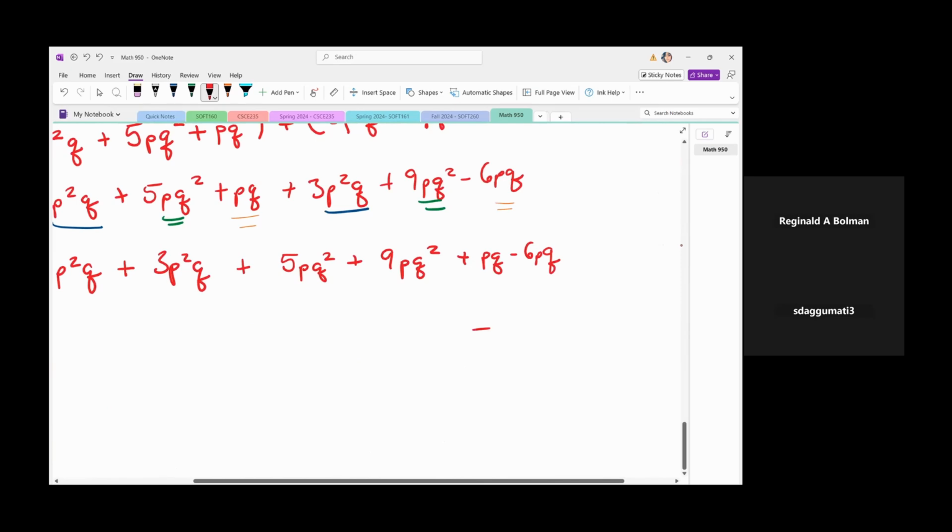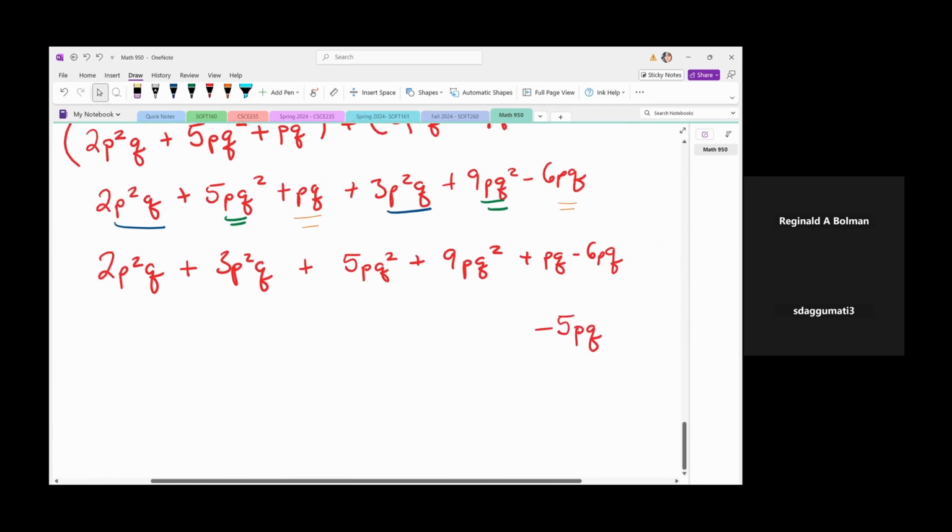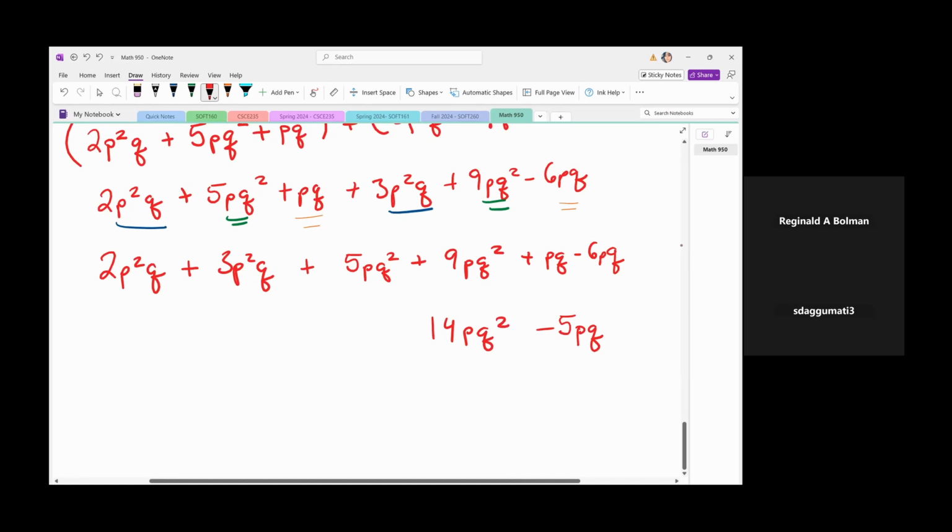Okay, so pq minus 6pq is going to give me -5pq. 9pq squared plus 5pq squared, that's going to be 14pq squared. And then 2p squared q plus 3p squared q, that's going to be 5p squared q. So that would be your answer.